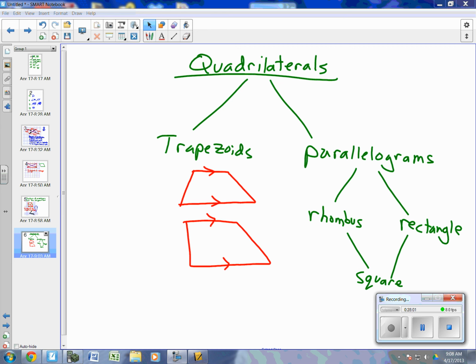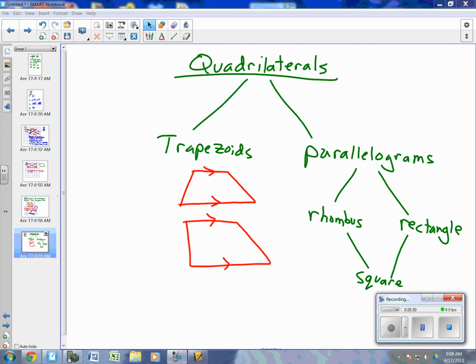The definition of a square is a parallelogram that has 4 congruent angles and 4 congruent sides. So a rhombus's definition is a parallelogram with 4 congruent sides, right? A rectangle's definition is a parallelogram with 4 congruent angles. If you combine both those, you have 4 congruent sides and 4 congruent angles, you get a square. Got it?